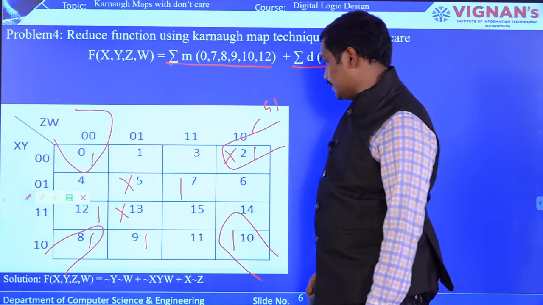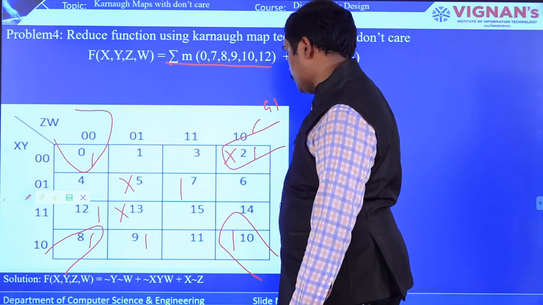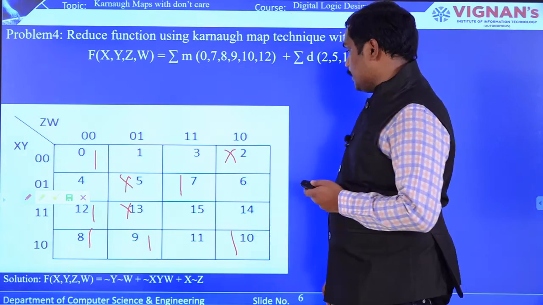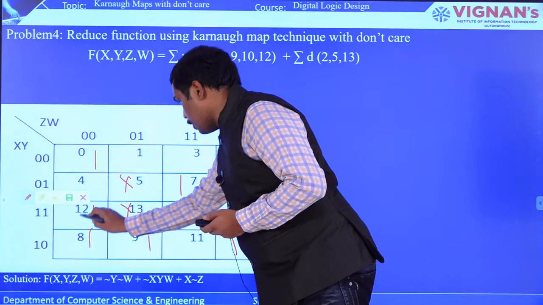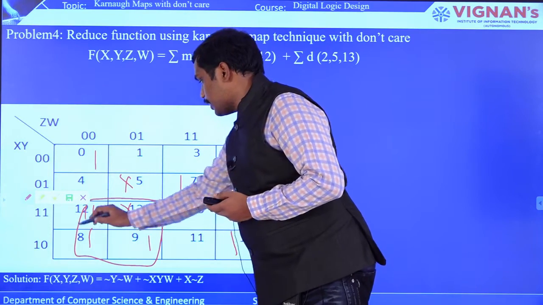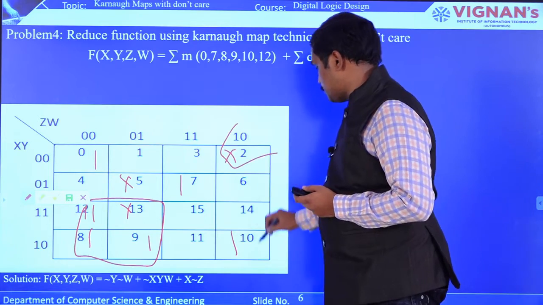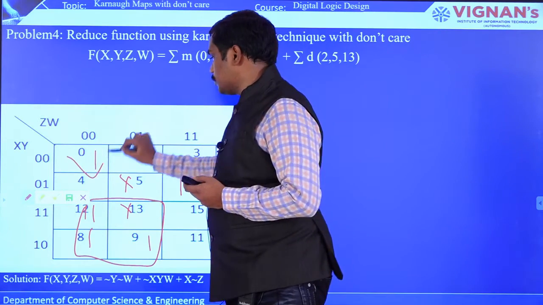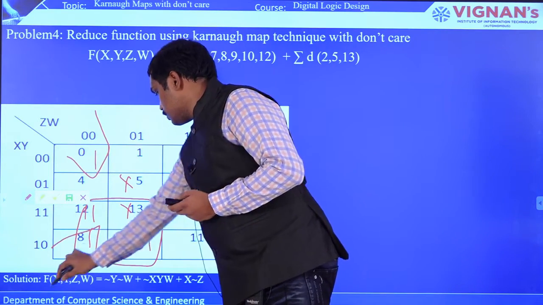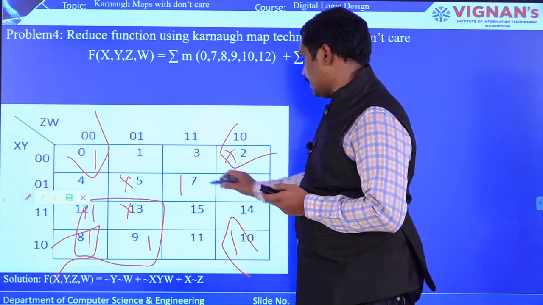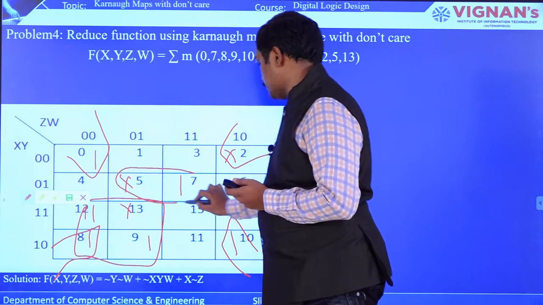Okay, and then the second group is, we'll see that here you can make it as a quad, right? So this particular group of ones can be made as a quad as well as this part. So two quads we have already done, and then you can make this as a pair.